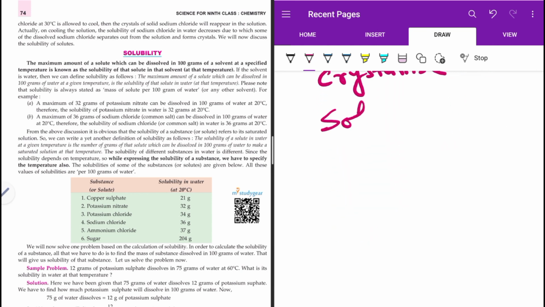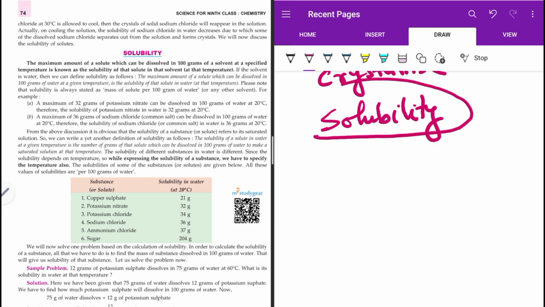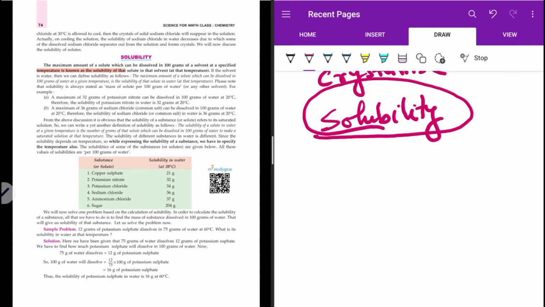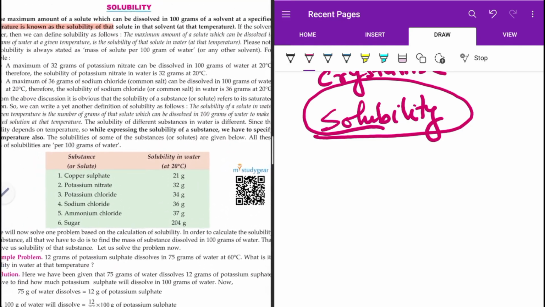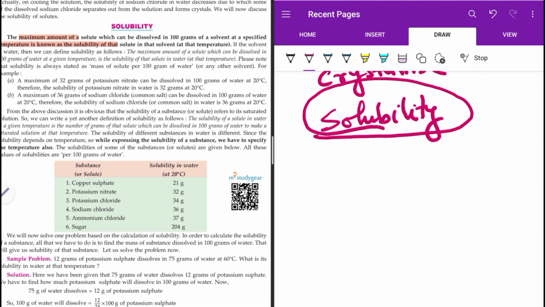So next, moving on to solubility, which is a very important point. What is the efficiency of the solute to get dissolved? It is the maximum amount of solute that can be dissolved in 100 gram of solvent at a particular temperature.